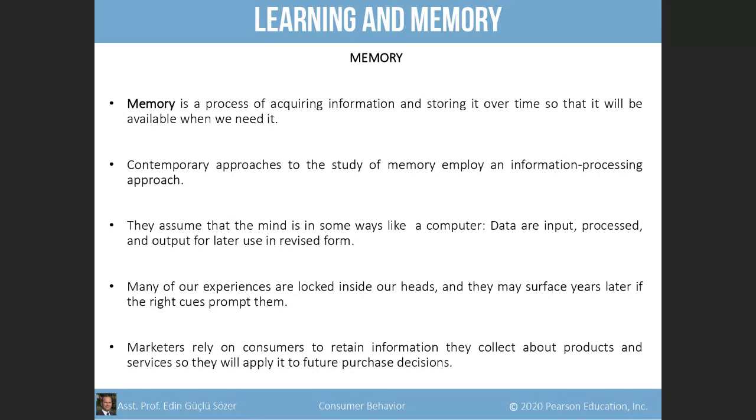Then when we call for it, it brings this information back to us. Memory is almost the same process. We acquire the information, we store it for later usage, and then when we need it, we call back this information and use it.